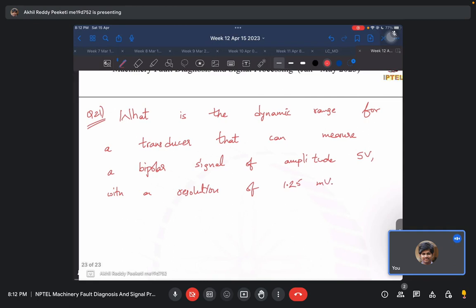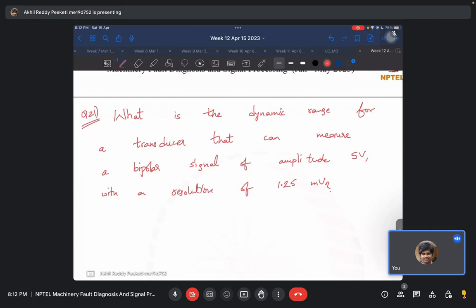So what is the dynamic range for a transducer that can measure a bipolar signal of 5 volts with a resolution of 1.25 millivolts? The options are 18 decibels, 72 decibels, 78 decibels.